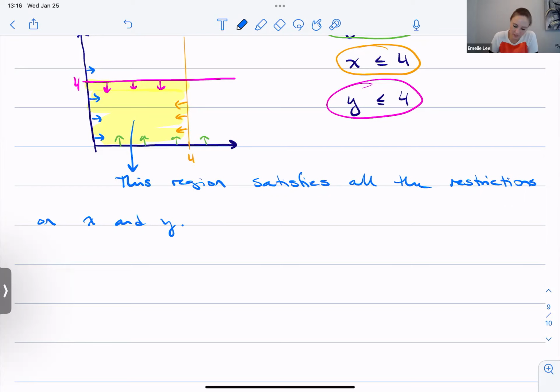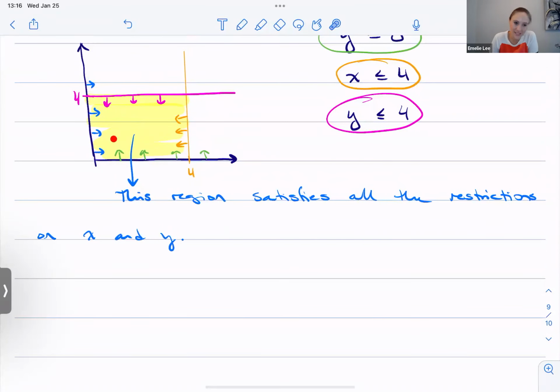Because in here, every single point, right, is an XY coordinate. And so these can all yield profits and just varying levels of profit.